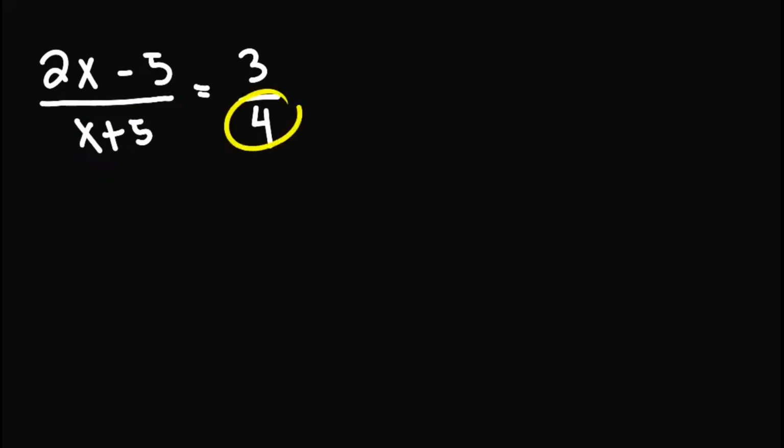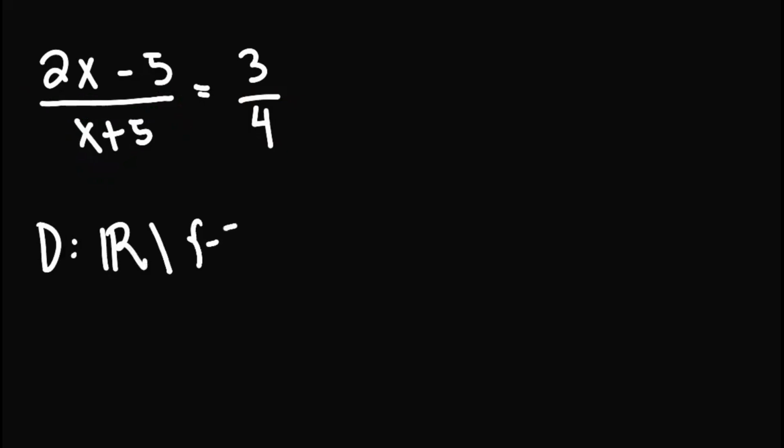For the right side, since this is a fixed value, nothing really changes with it when we change the value of x. So by that, we say that the domain for this one is all real numbers minus the negative 5.